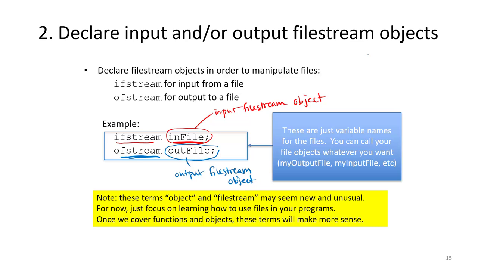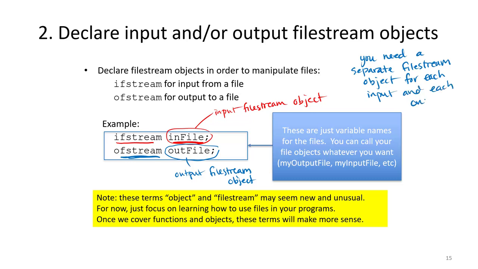Remember, you need a separate file stream object for each input and each output. So you can't have the same data from multiple files passing through the same file stream. That won't work. Every input and every output gets its own private file stream.